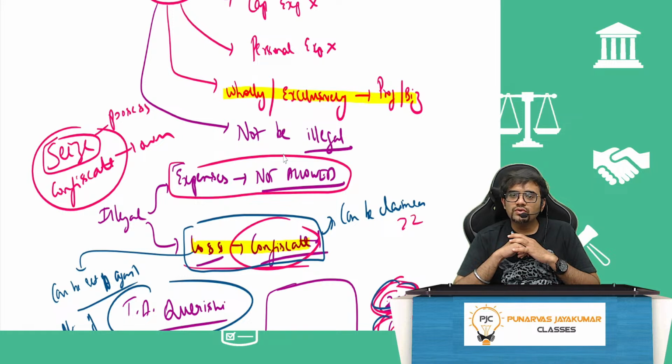Then he said, that 1 crore of goods you have confiscated. Seize means taken possession; confiscation means taken ownership. That is a business loss for me, he said.